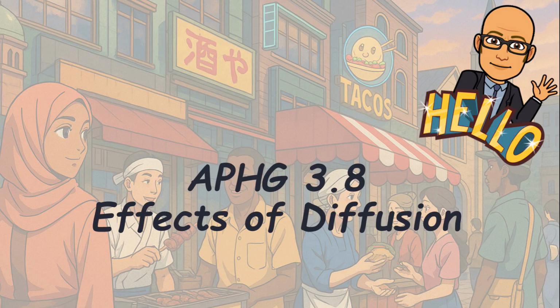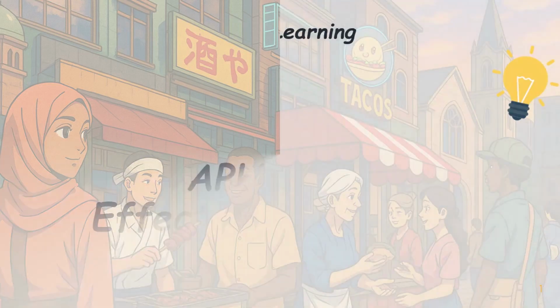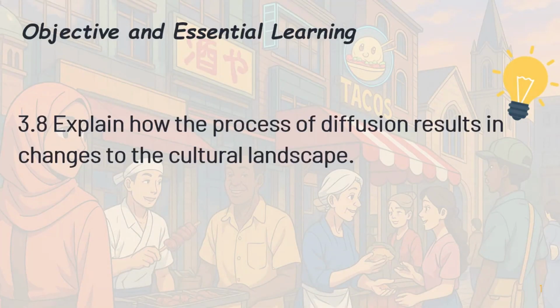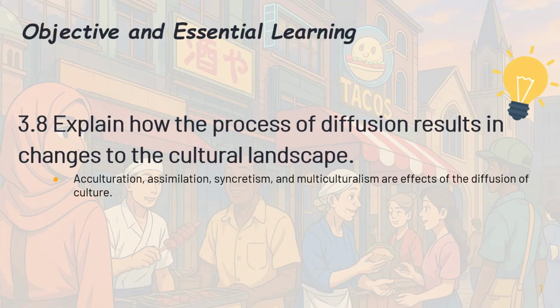Before we start throwing around big terms like syncretism like it's vocab word Jeopardy, let's check out what you actually need to know for this unit. Alright, here's the mission for today's cultural adventure. Figure out how diffusion changes the cultural landscape. And no, we're not just talking about food courts and funky street signs. We're talking deep shifts.